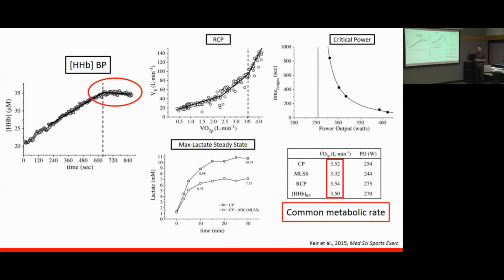So when you say they're all the same, it's the same metabolic rate, not power output. Yeah, power output can be anything. We know the limitations of the power output. So you're talking about the peak power output that was achieved during the ramping? Yeah.